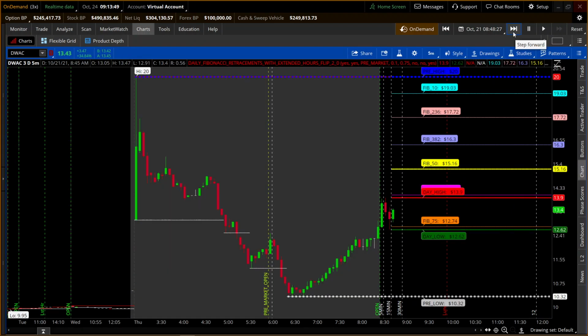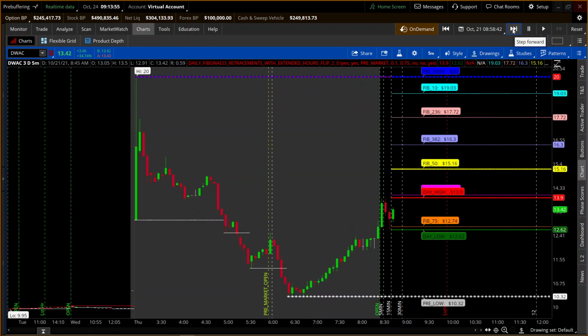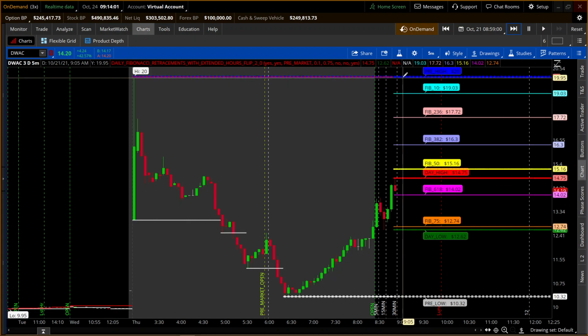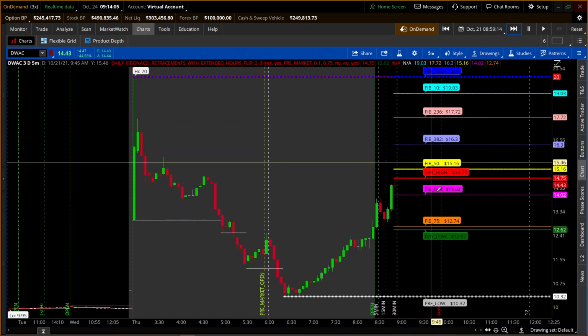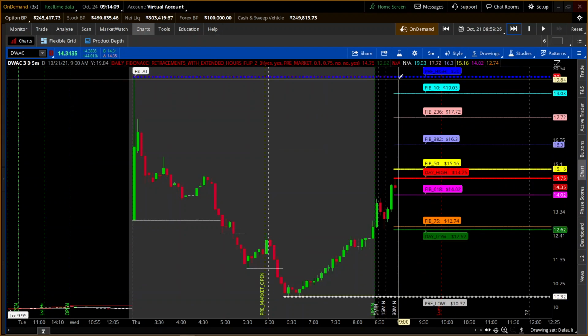If the on-demand feature works. But as you can see, the day high and day low follows the stock all the way through. And the real thing you're looking for is a break of 20 for these fib levels to actually change, because right now they're dependent on the pre-market low and the pre-market high.